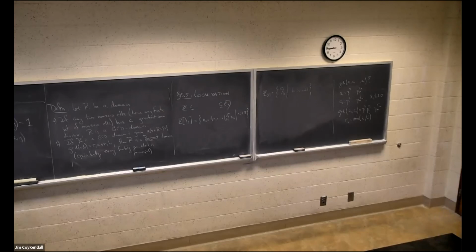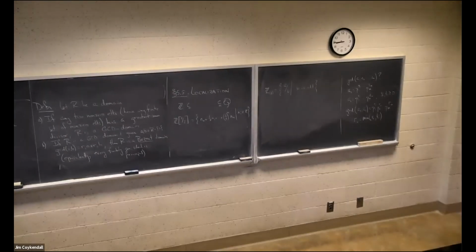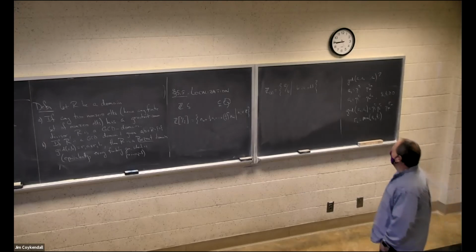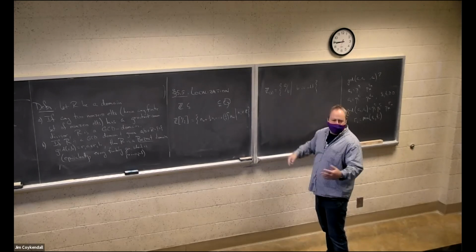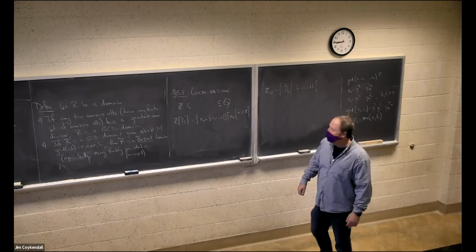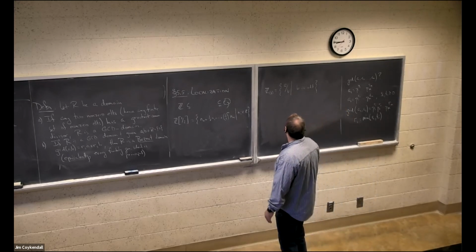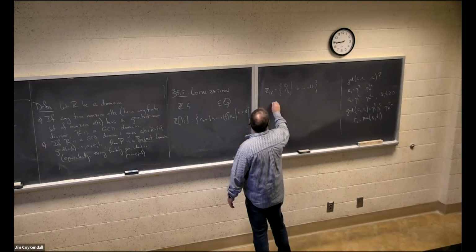And here's another example: the ring of all rational numbers where the denominator is odd. Notice the denominator could be one, which is certainly odd, so this contains all the integers, right? But it's got other stuff. Essentially, it's got 1/3.